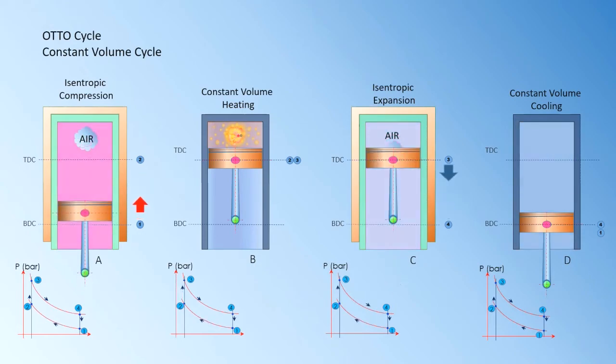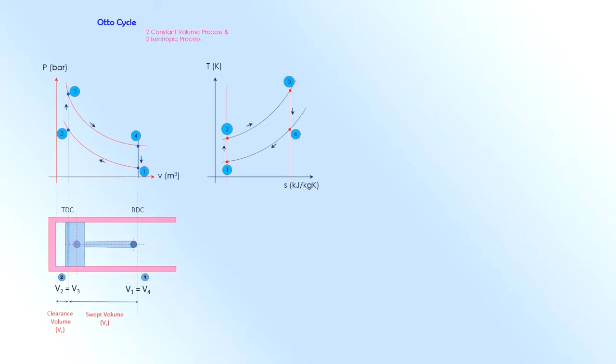And the fourth diagram, it moves from state point 4 to state point 1. Okay, so now on the PV diagram, on the next part, what we are looking at is something which we call volume ratio.